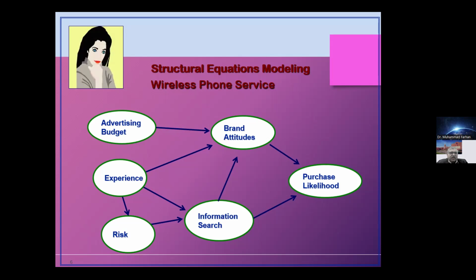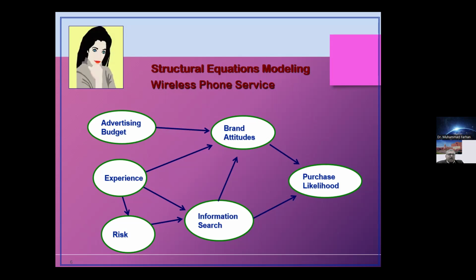Advertising budget, experience, and risk are some of the IVs or independent variables. In between are two variables, brand attitude and information search. On the left of brand attitude, there are three constructs from which the arrows start. The advertising budget has some influence on brand attitude.